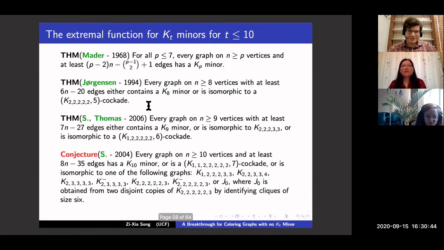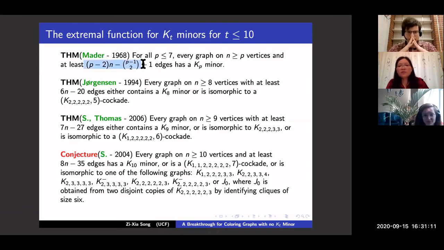And the next one I want to mention a little bit here. If you care about Hadwiger's conjecture for small values of t, one approach is to consider the extremal function for K_t minors. So for t at most 10, we know Mader proved it for p at most 7: every graph with this many edges has a K_p minor.